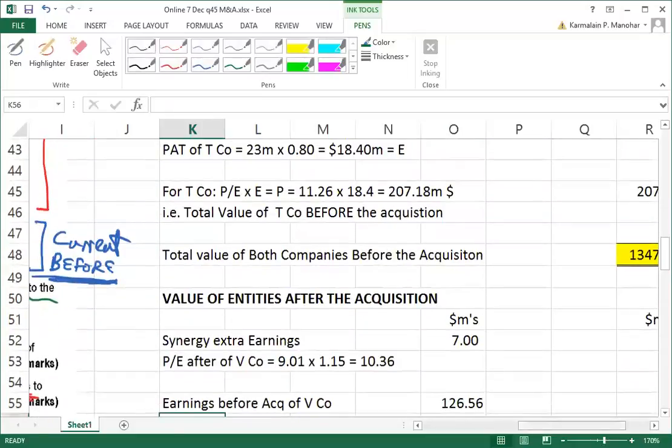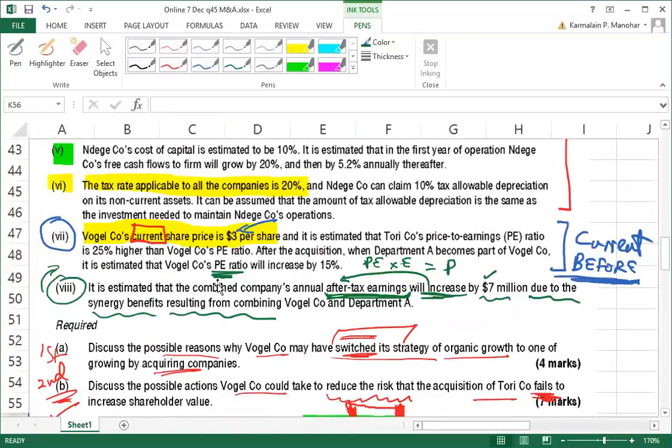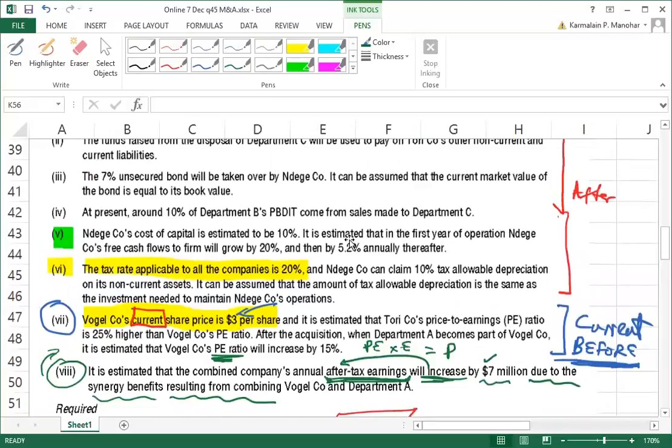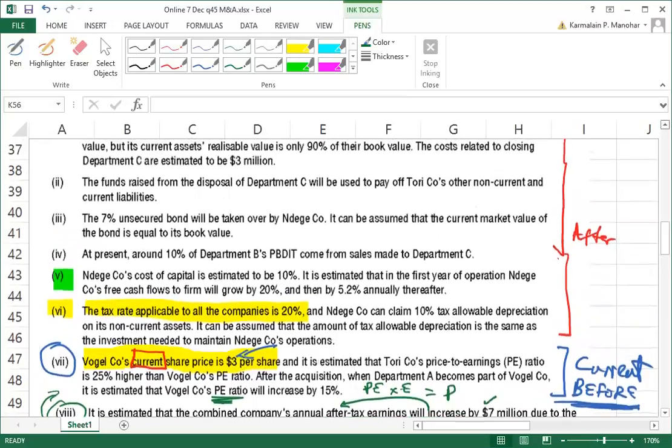And what else has happened to our earnings? Let's go reading. So Kanisa mentioned sale of assets, 10% depreciation. Assume that something. All right, so we ain't dealing with note 6 yet. Cost of capital 10%, first year operation will grow by 20%, then 5.2. That's in edge business. That's something else that we'll have to add on.